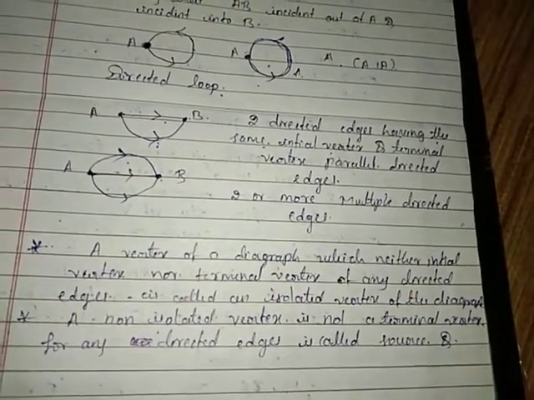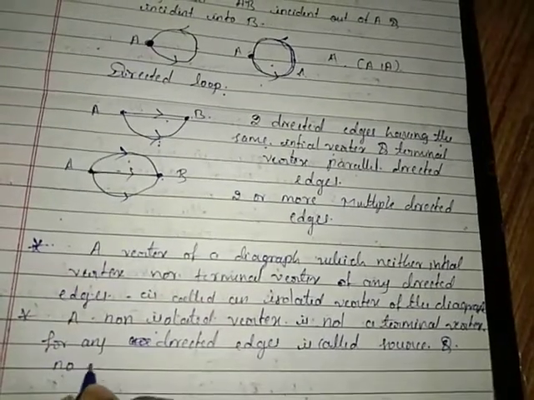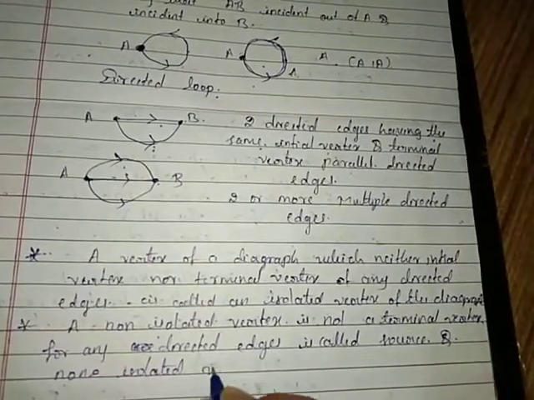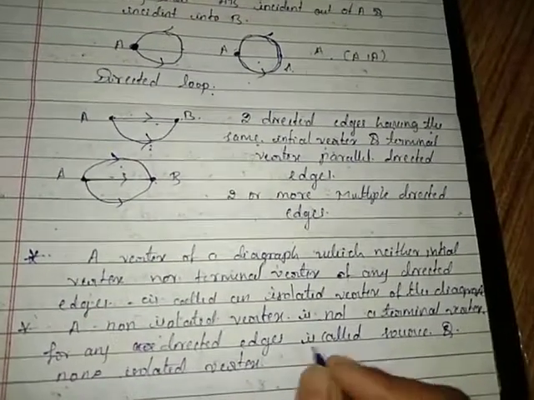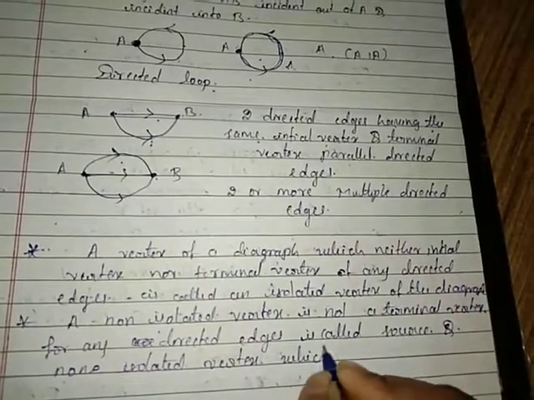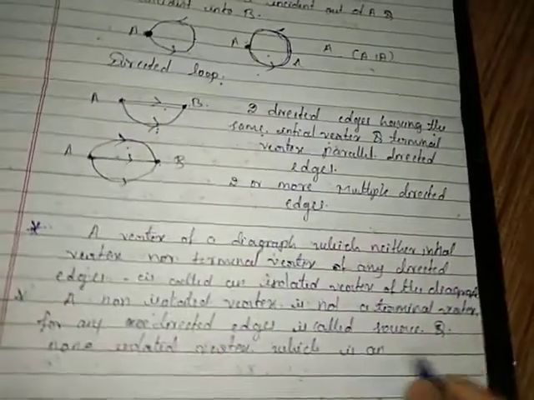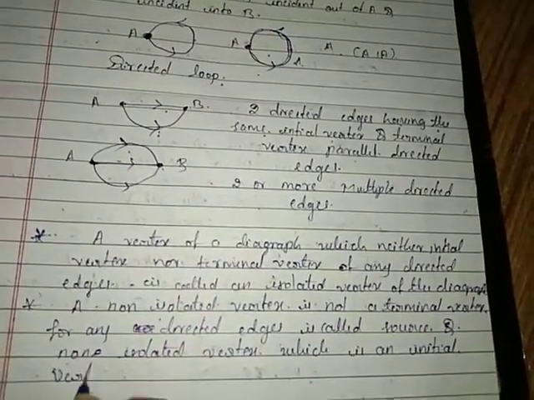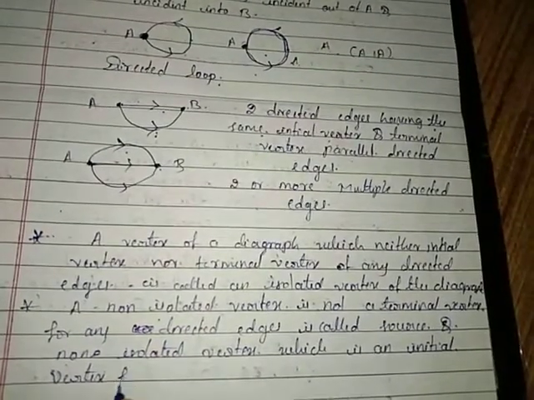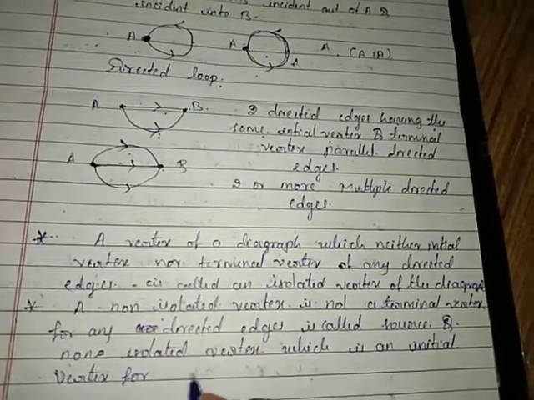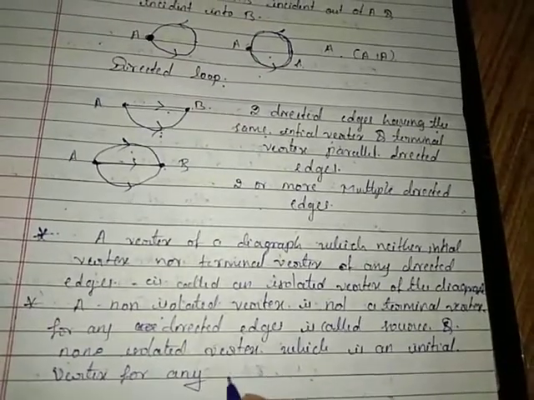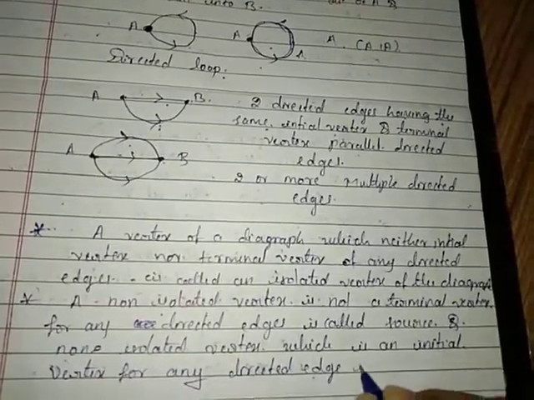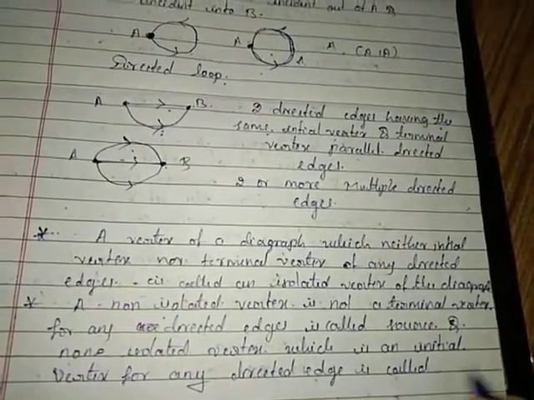And a non-isolated vertex which is not an initial vertex for any directed edge is called a sink.